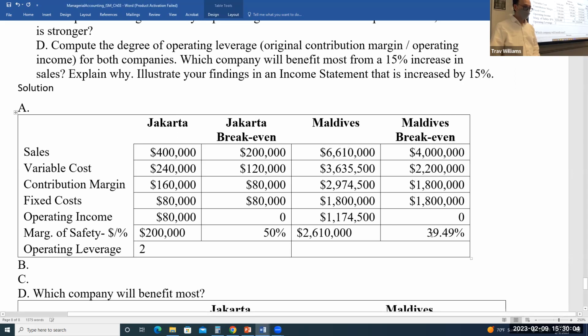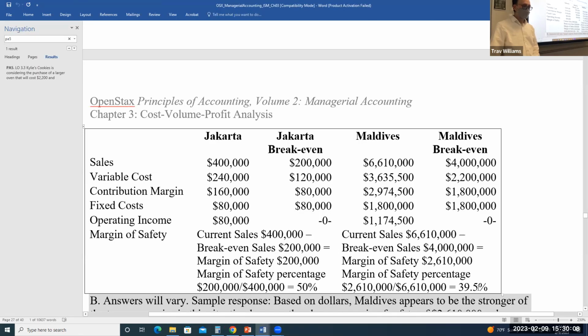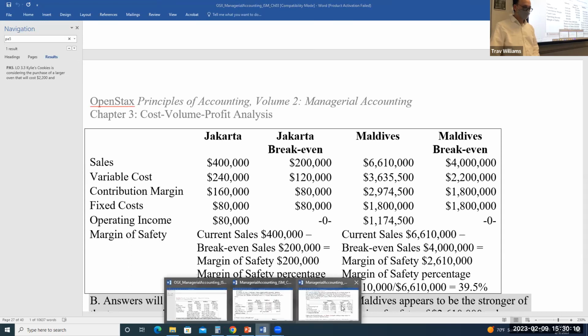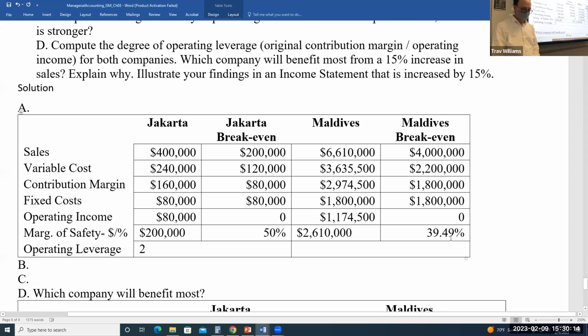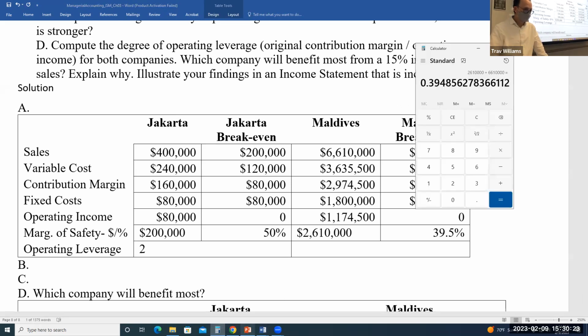I think I actually did that right. Let's look. Okay, they rounded it, but yeah, that's the right number. So we'll call that 39.5. And then again, to get operating leverage, we take contribution margin divided by operating income.